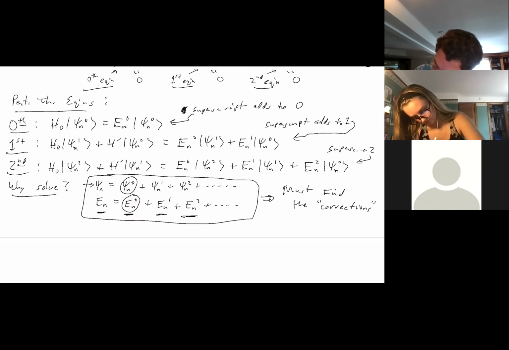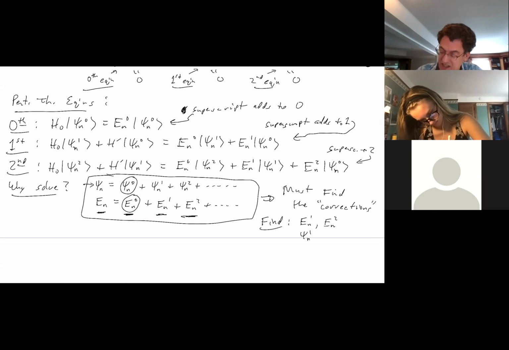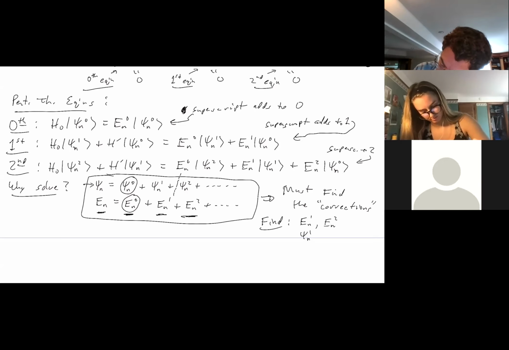And so in this class, this is how far we will go. We will find E n1, E n2, and psi n1. So basically, we're going to cut this perturbation expansion off right here for the wave function, and for the energy, we're going to cut it off right here.